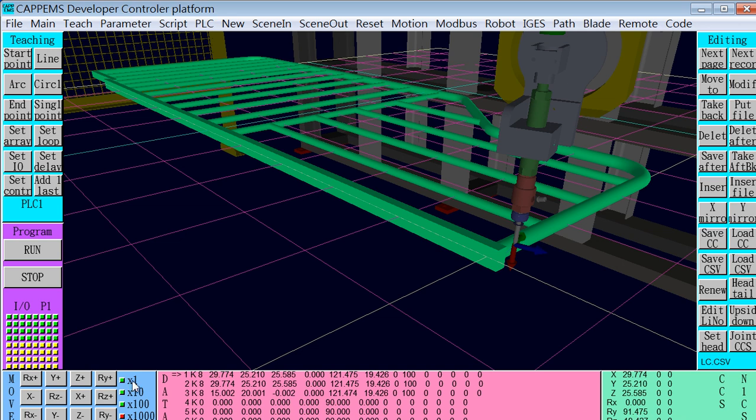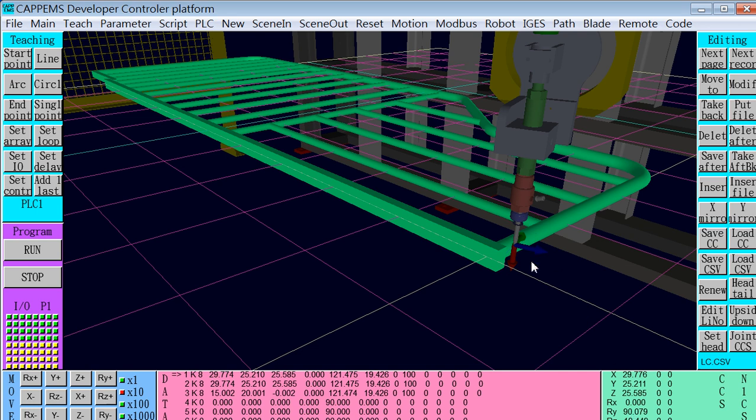So we lower the speed, multiply 10. RY minus 90.4. Again 90.9.